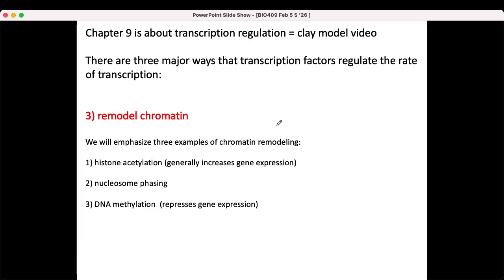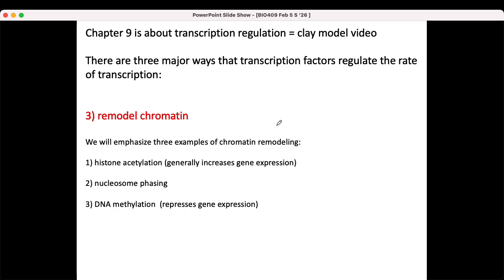That's heterochromatin, and we need to unfold it. We're going to talk about one example of remodeling chromatin, and it's unfolding it. We're talking about three major ways of regulating transcription: assembling the pre-initiation complex, releasing arrested polymerase, or remodeling chromatin. Our book talks a lot about remodeling chromatin.